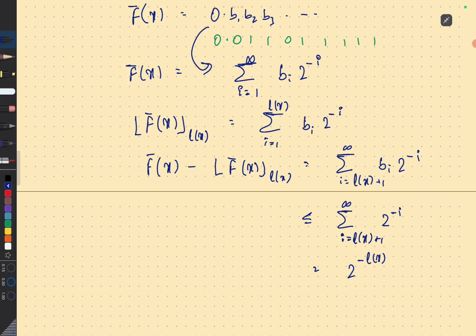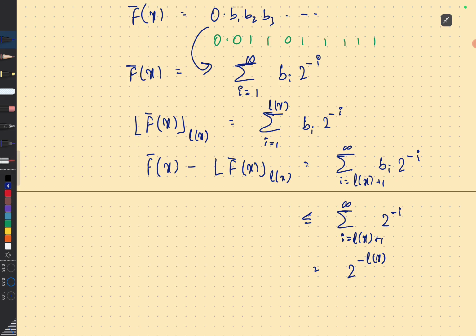So let's say that this quantity is 0.b1, b2, b3 up to bk, and this quantity is 0.b1 prime, b2 prime up to b l prime.